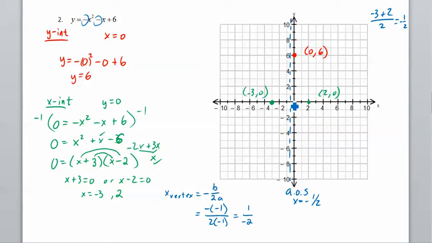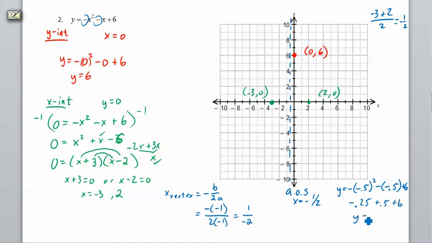But now I need the y value. To get the y value, I'm going to go y equals negative, and then negative 0.5 squared, minus negative 0.5, and then plus 6. So we put that together. 0.5 times 0.5 is 0.25. So negative 0.25 plus 0.5 plus 6.